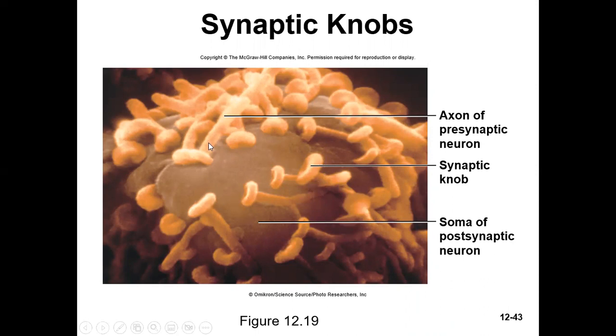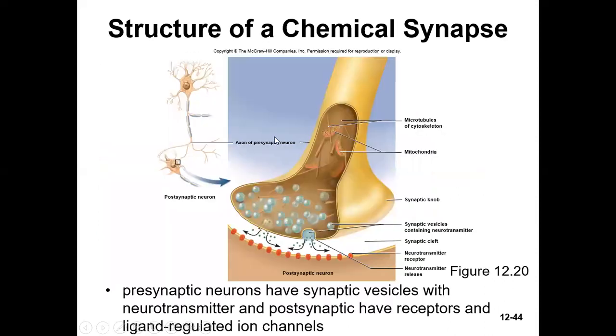So all the little knobs you see would be from those terminal branches of the presynaptic neuron anchoring into the neurosoma of the postsynaptic neuron. Super cool. This picture should look familiar to you because we covered this in our previous lecture when we were talking about the neuromuscular junction and their similarity in the concept.